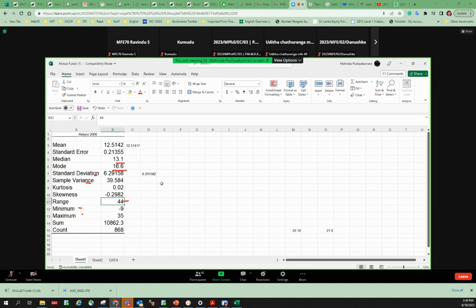Then the standard deviation is 6.2. Then it shows that most of the observations are around the mean since the value is small. This is the way to interpret descriptive measures.